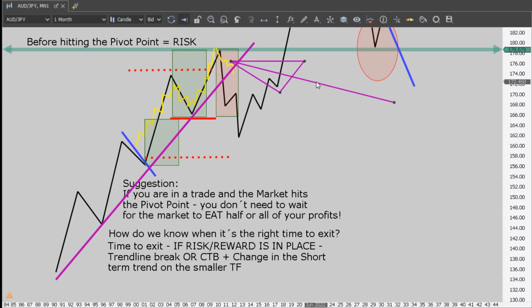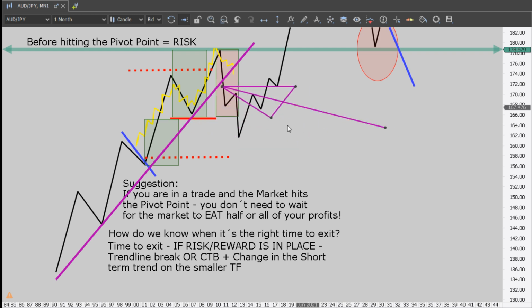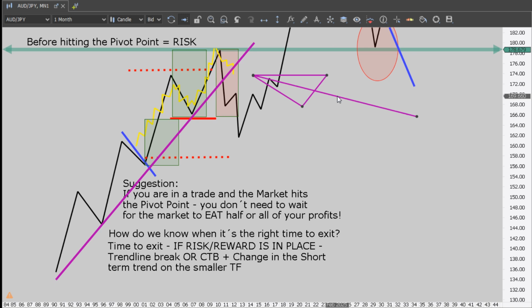What is the signal for you to say, oh, the market broke the trend line? Who remembers what is the signal for us to say the market broke the uptrend line or the counter trend line?